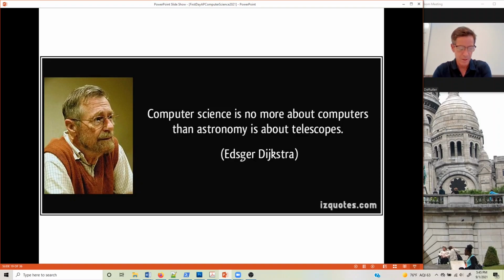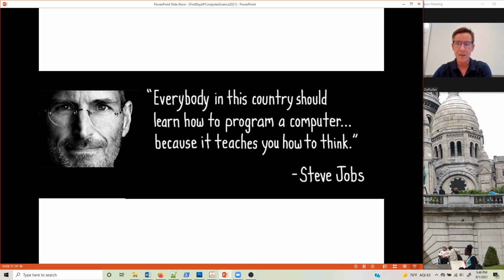We learn Java in APCSA, but hopefully once we get going and students have some tools at their disposal, they feel good about the syntax and some of the classes that we're using. They'll be trying to solve problems using the language that they know better and better as the year progresses. I also like this quote from Steve Jobs: "Everyone in this country should learn how to program a computer because it teaches you how to think."